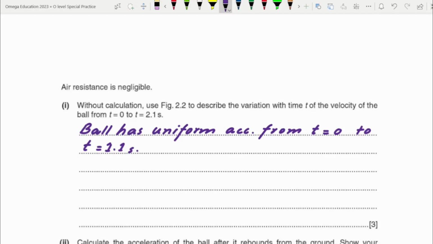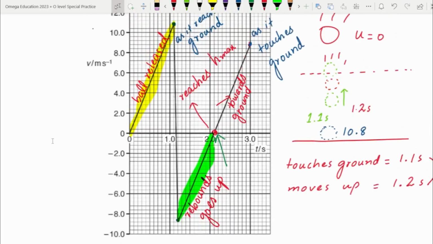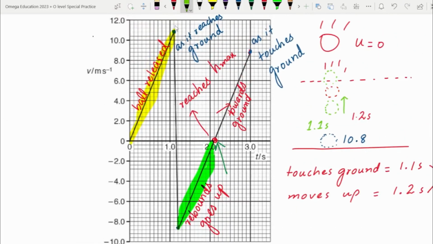So at 1.1 second, the ball hits the floor and it bounces. And that's why we have a change in the direction. So you see, at this point, the ball hits the ground, and now the direction of the velocity would be reversed.